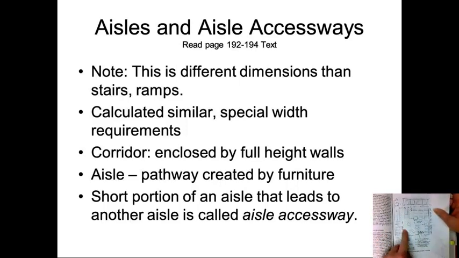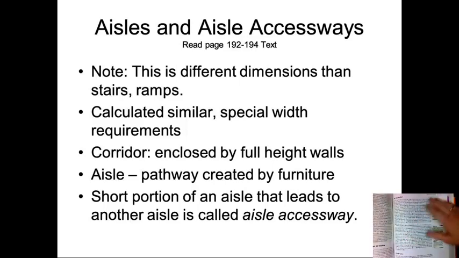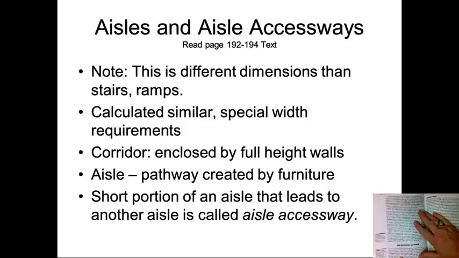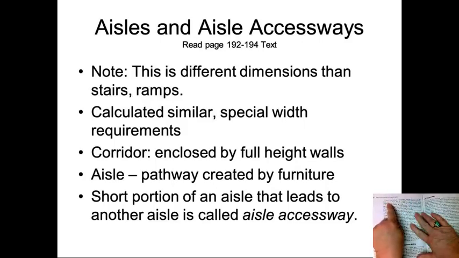Here's our main exit. You see these exit widths are 36 inches. But if you go back, the occupant load, of course, is much greater. However, the calculated aisle width may be larger than the required minimum aisle width. For example, if the occupant load was 400, the calculated width would be 80 inches.